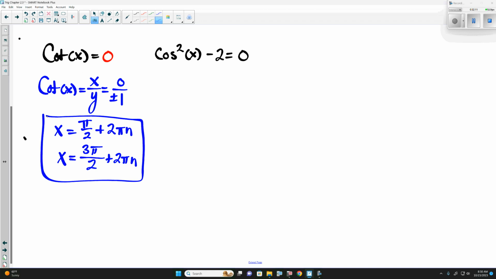Cosine squared of x minus 2. Well, we need to solve this, and the first thing we can do is add 2 to both sides, which tells us cosine squared of x is equal to 2.